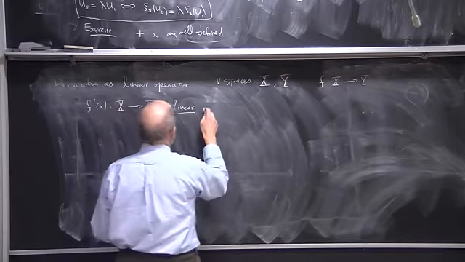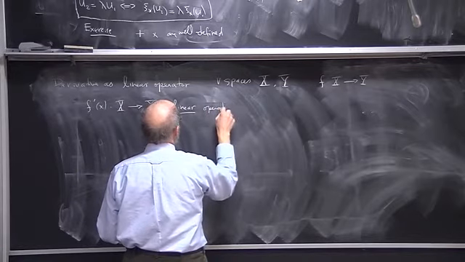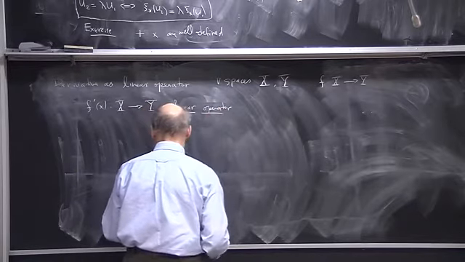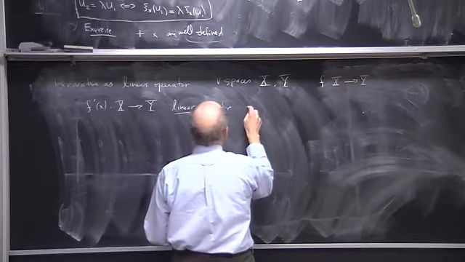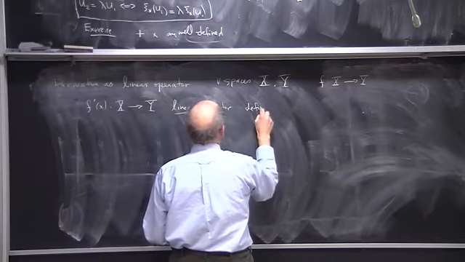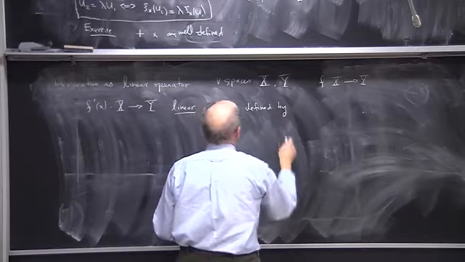So sometimes it's called a linear operator going from the vector space, and it's defined by the variation.